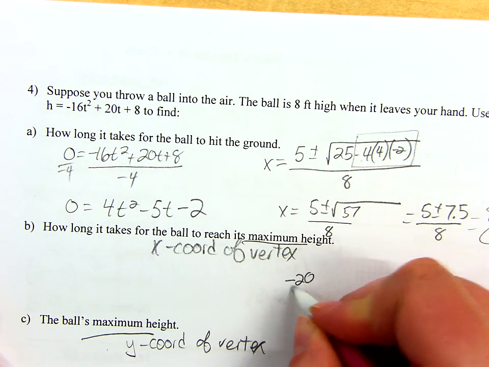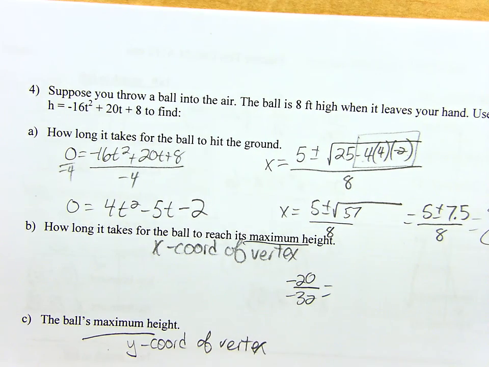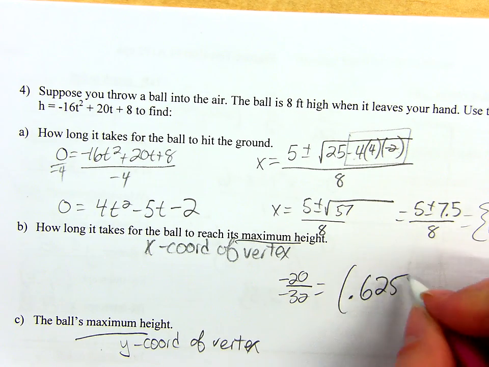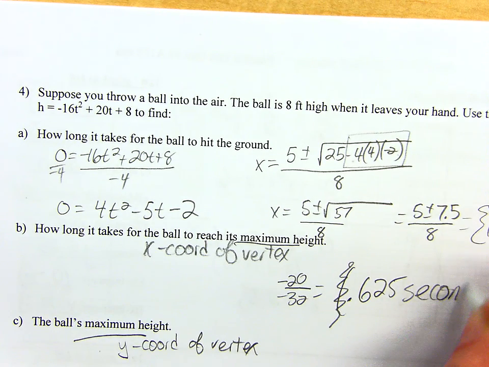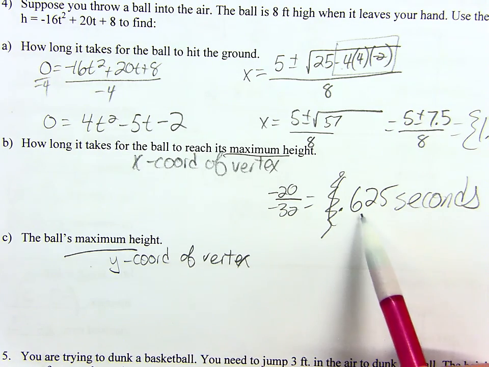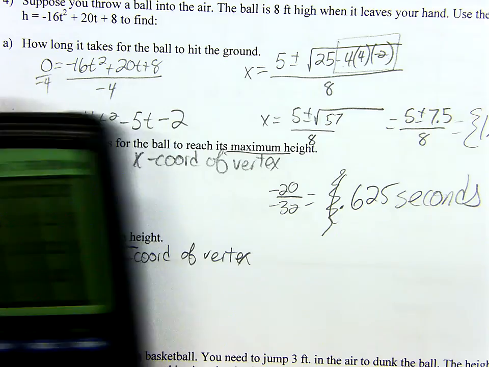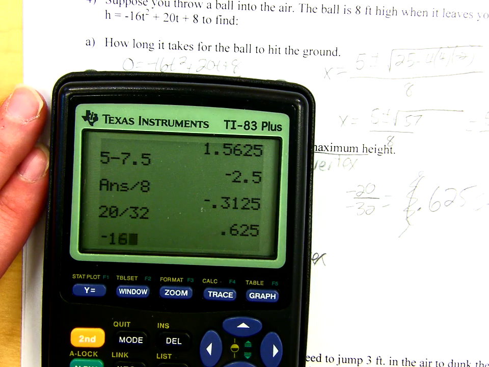Now, for B and C, I just have x, right? Negative b over 2a. So negative 20 over 2 times negative 16, negative 32. So I get 0.625 seconds. Then to get the maximum height, I just take 0.625 and plug it back in for t.